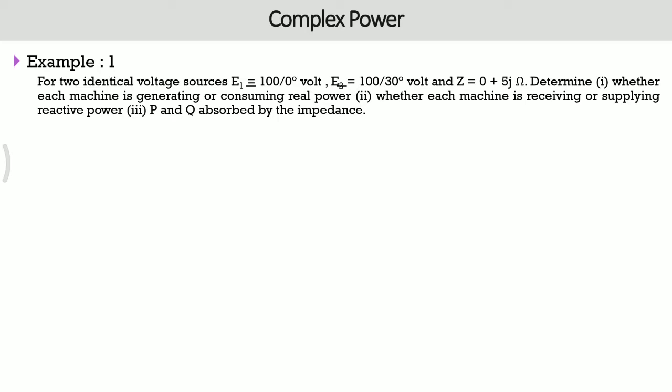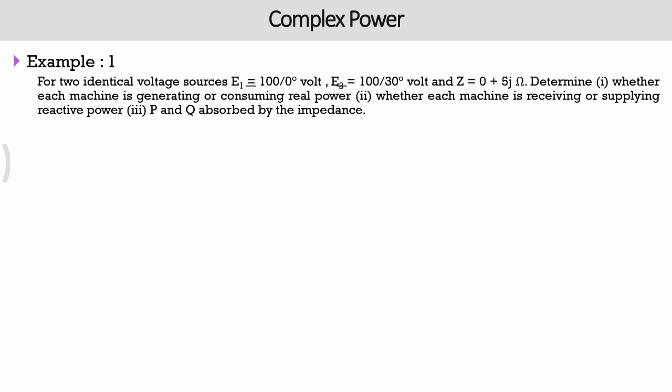Now what we have to find first is whether each machine is generating or consuming real power. Second, whether each machine is receiving or supplying reactive power. And last is the P and Q absorbed by the impedance.